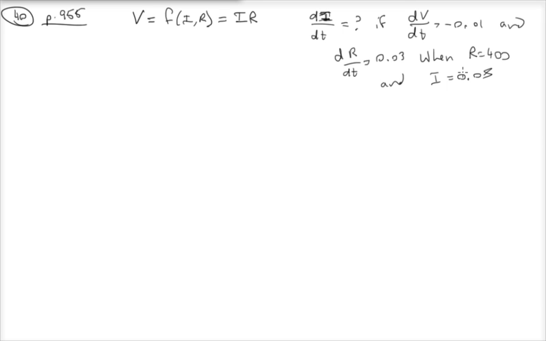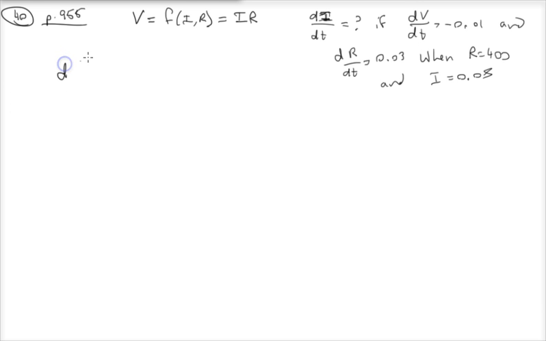Also, both of these variables are parametrized by one parameter, because we're trying to find the rate of change of everything with respect to time, since we're given these time derivatives. That means we're going to have to use the total differential form of the chain rule.